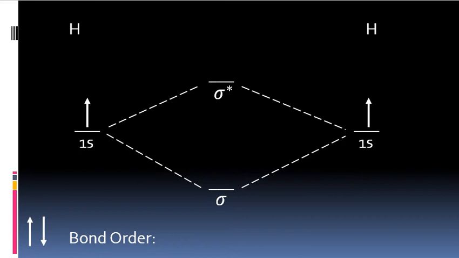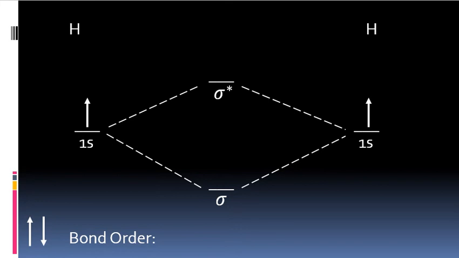Now, whenever you see a molecular orbital, if it does not have an asterisk to it, that is a bonding orbital, and the electrons in that orbital will be bonding electrons. Now, if a molecular orbital has an asterisk or a star, that is called an anti-bonding orbital. Therefore, electrons that go to fill that anti-bonding orbital will be known as anti-bonding electrons.